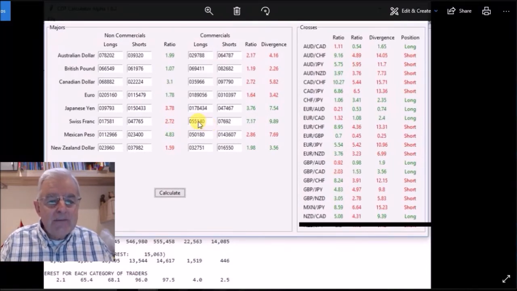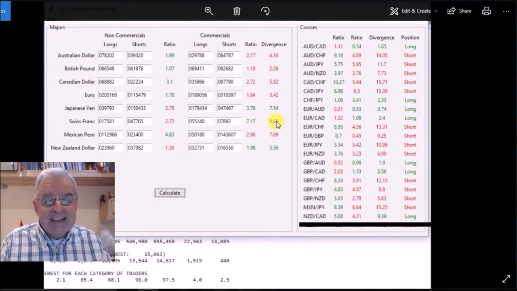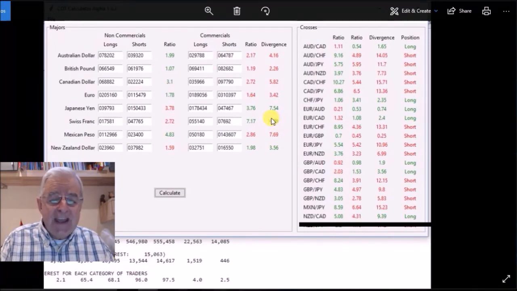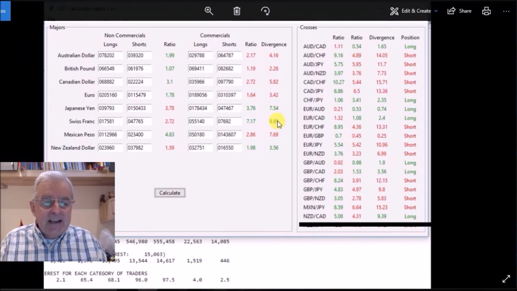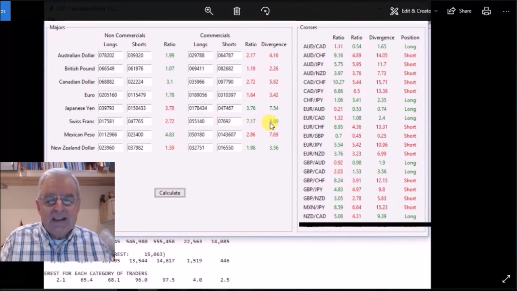And then you do the same for the commercials, and you get a ratio of 7.17 long, which gives you an overall divergence between the two of 9.89 long. Now that is the most long currency actually on the divergence this week.